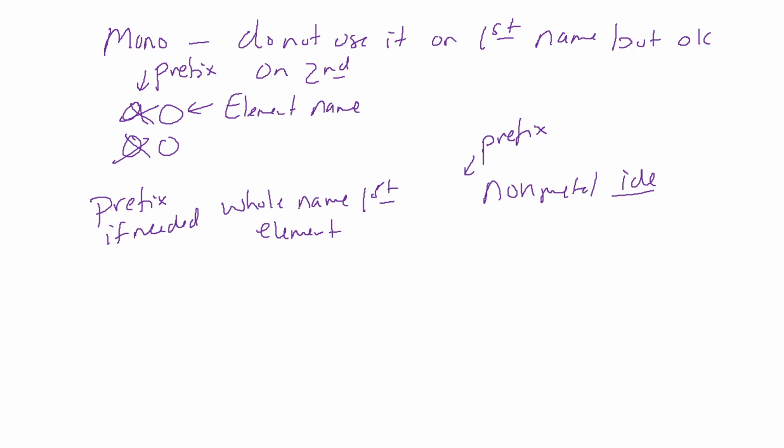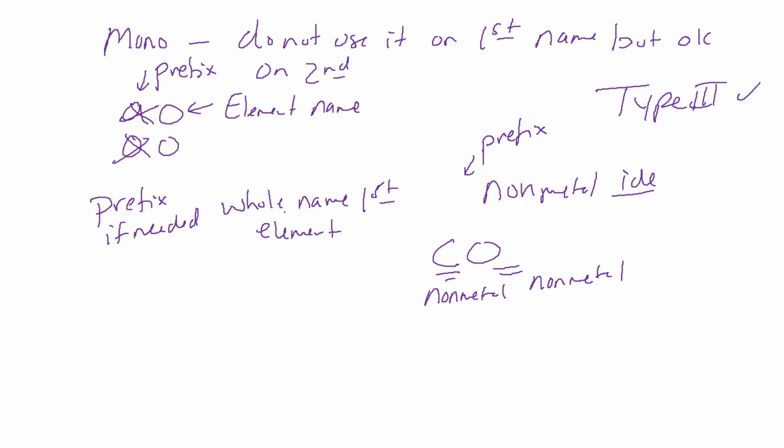So how does this work? Well, we go C, we go O, we identify what we've got going on. That's carbon, which is a nonmetal. That's oxygen, which is a nonmetal. That automatically, you should be happy, because that is a type 3. Nothing really to figure out in this case. We just need to pick the right prefix.